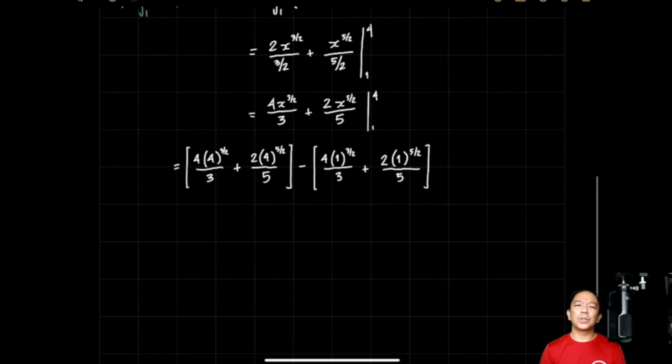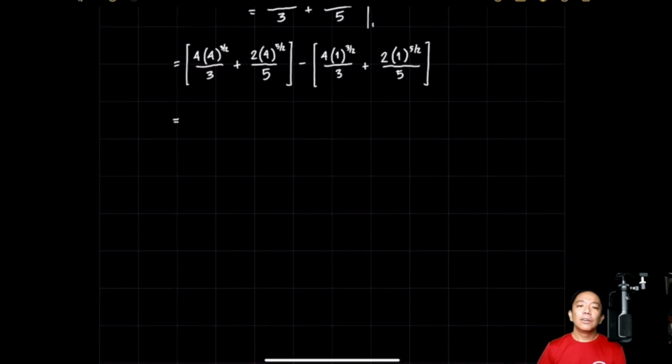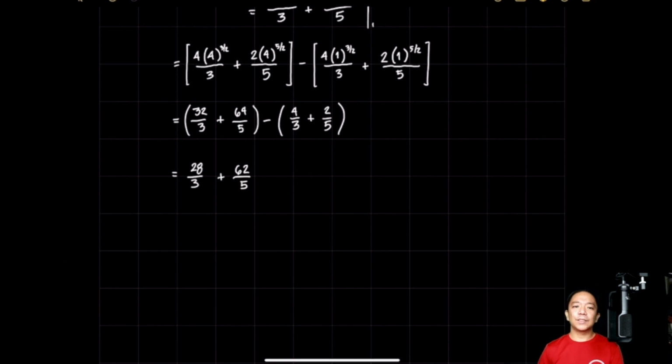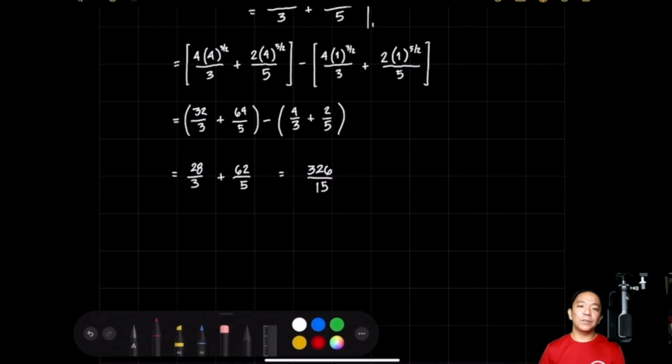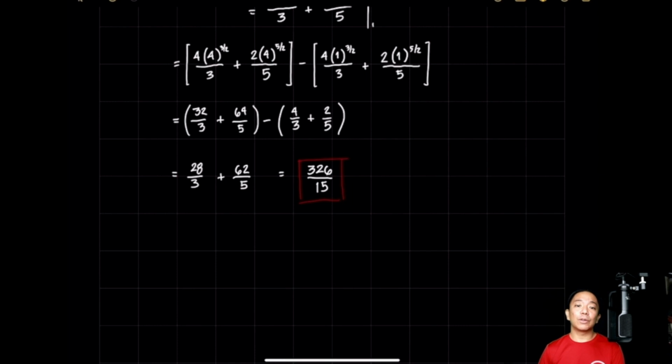But I have to show, no, na sinubstitute ko yung 4 sa x minus pag sinubstitute ko yung 1 sa x. From here, we'll get that this is equal to 32 over 3 plus 64 over 5 minus 4 thirds plus 2 fifths. So, just do the sums and we'll get 326 over 15. So, may part lang siguro na maging tedious in terms of adding fractions. Pero, arithmetic na lang siya, di ba? We'll proceed with the third example.